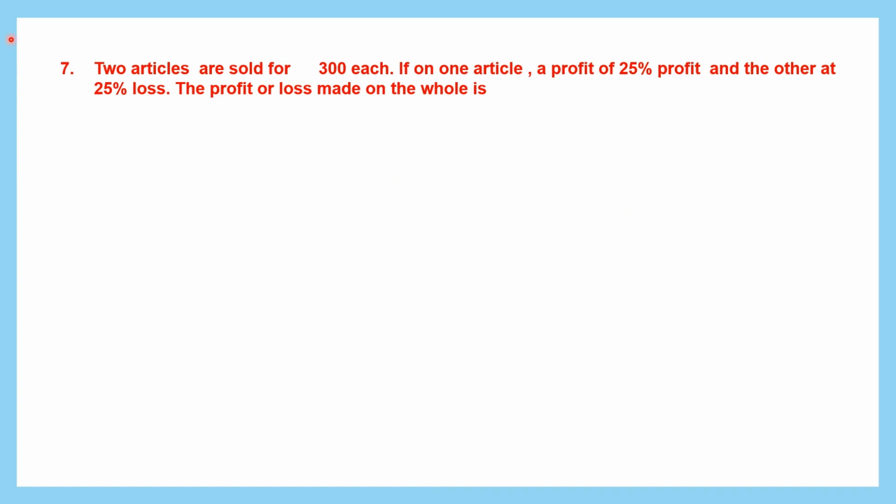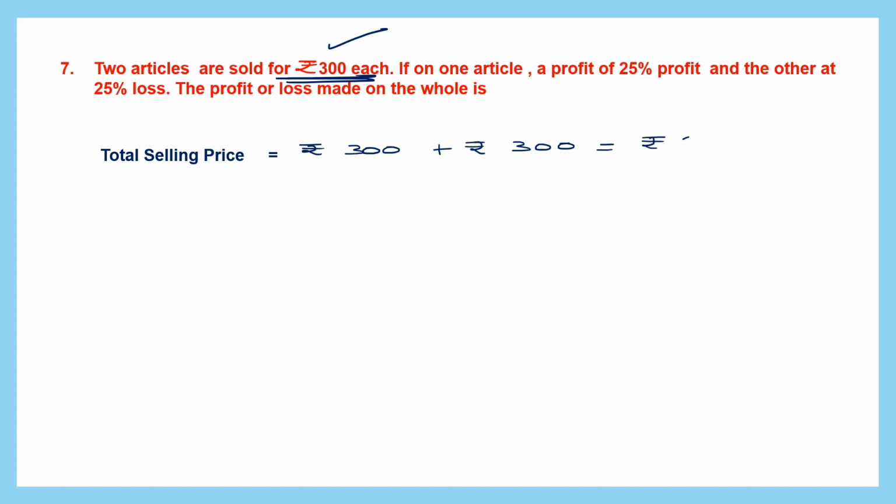Next step is the total selling price, and here it says 300 rupees each. So the total selling price will be 300 rupees plus 300 rupees. So that makes it 600 rupees. This is the total selling price.